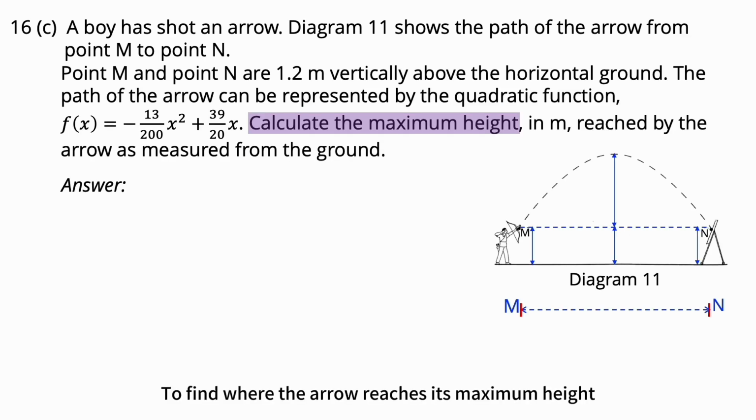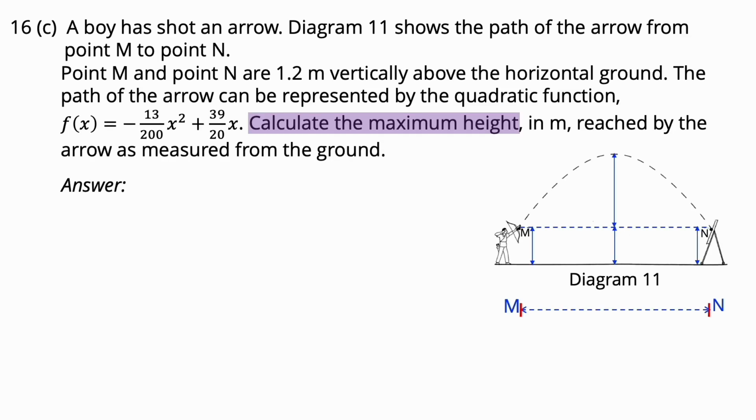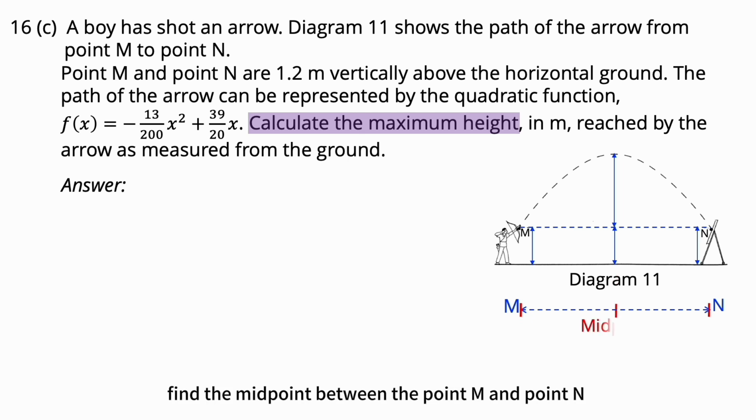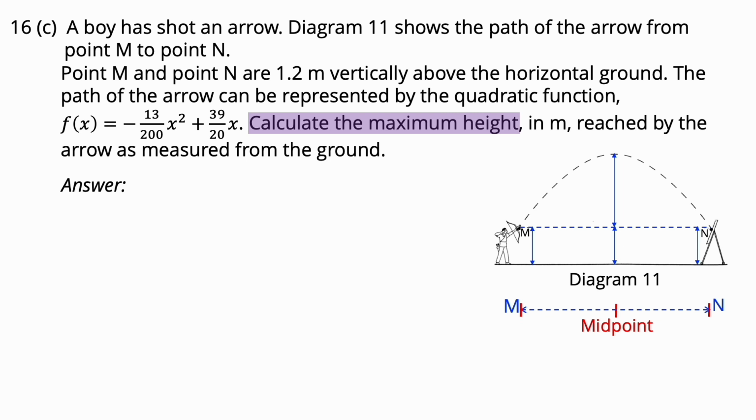To find where the arrow reaches its maximum height, find the midpoint between point M and point N of the quadratic equation. When f(x) equals 0, substitute into the equation. Factorise.